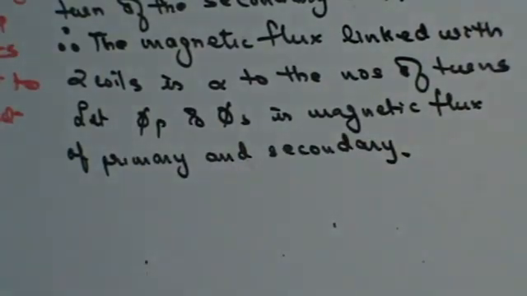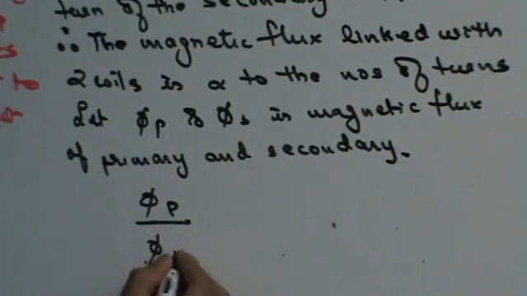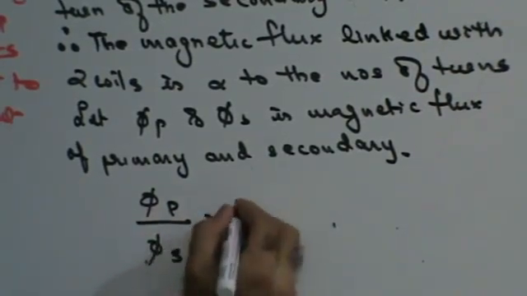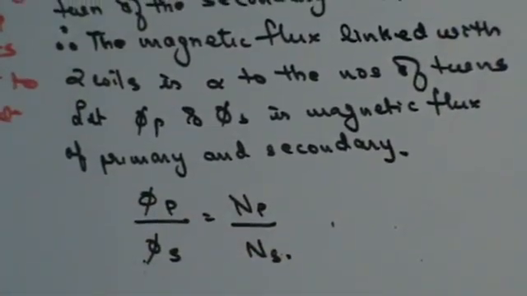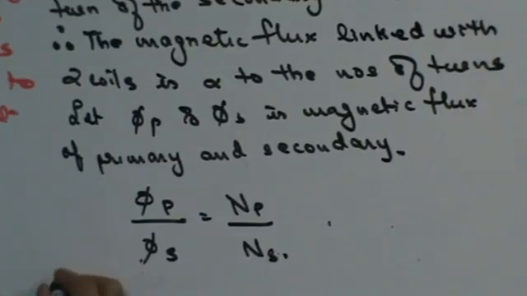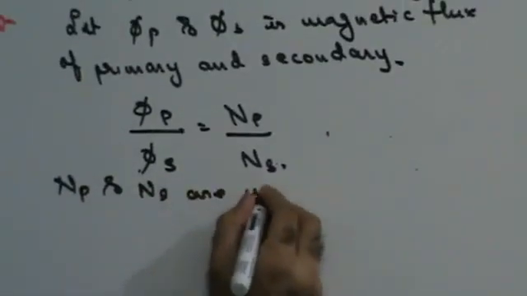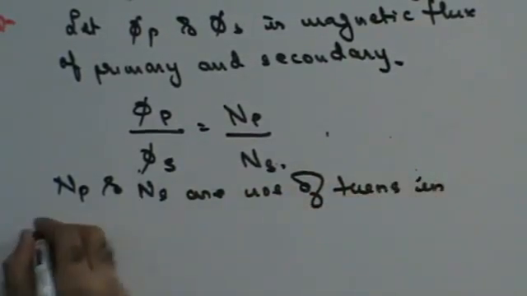Therefore, we have just proved that magnetic flux in primary upon magnetic flux in secondary is equal to number of turns in primary upon number of turns in secondary, right? Where Np and Ns are the number of turns in primary and secondary.